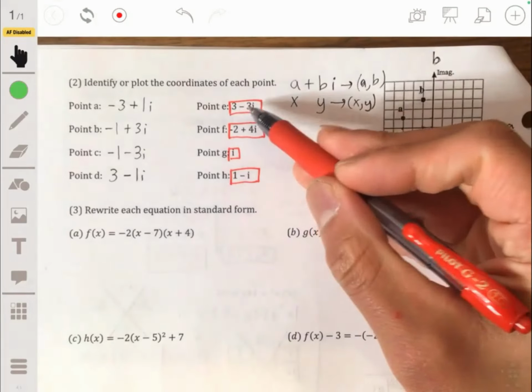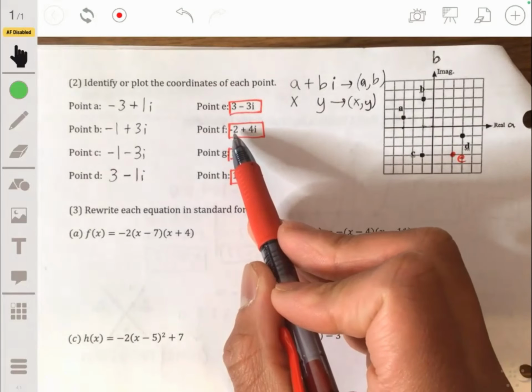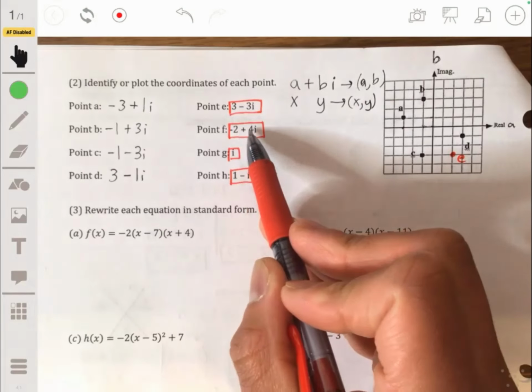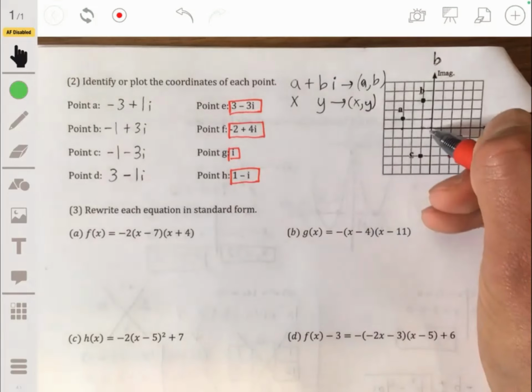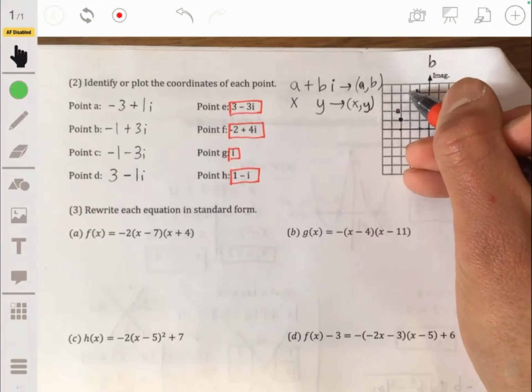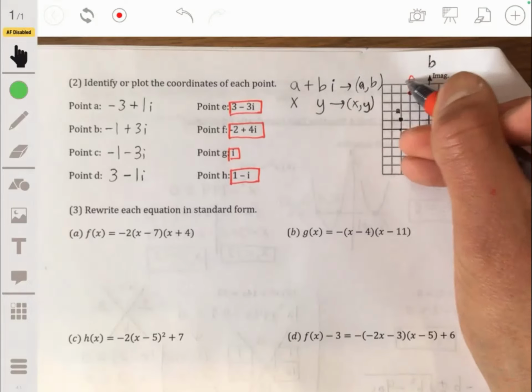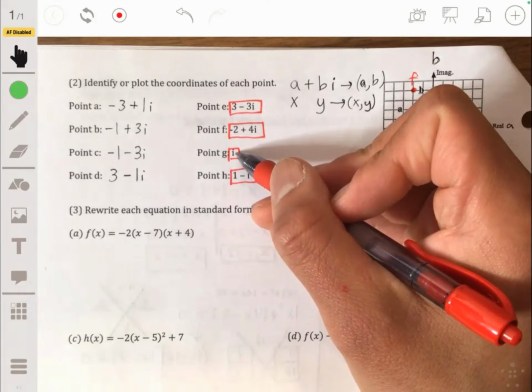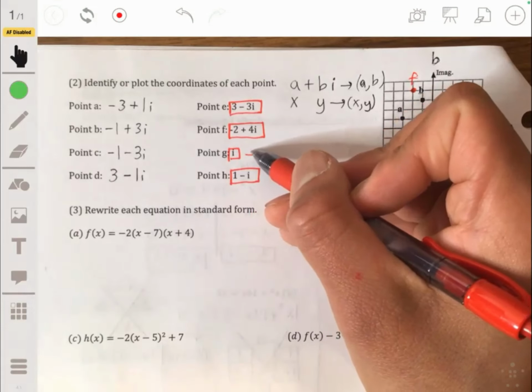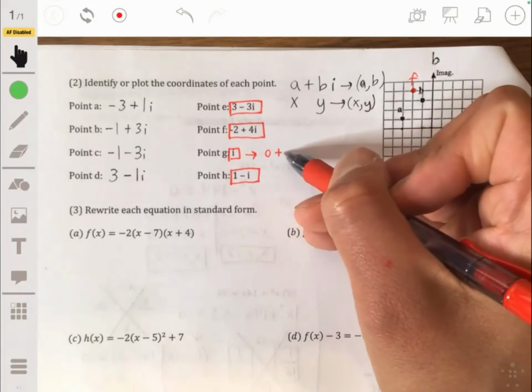Think of that as 3, negative 3. Point F is at negative 2 plus 4i, or think of this as negative 2, 4. So negative 2, 1, 2, 3, 4. So up here. Point G, this is like the same as 0 plus 1i.